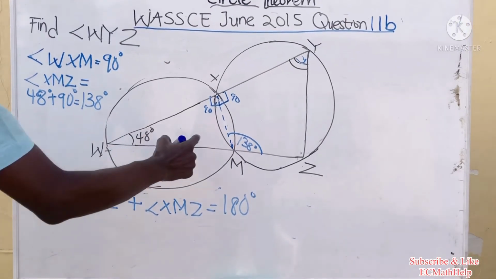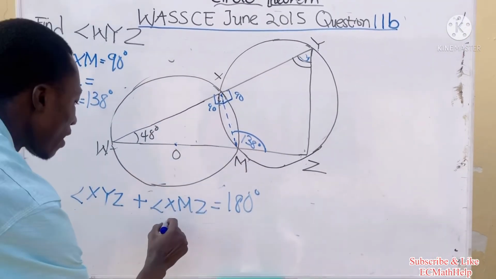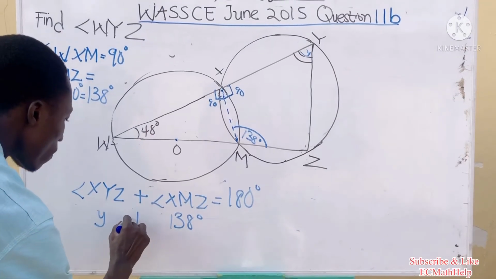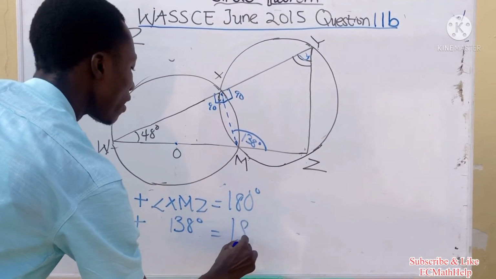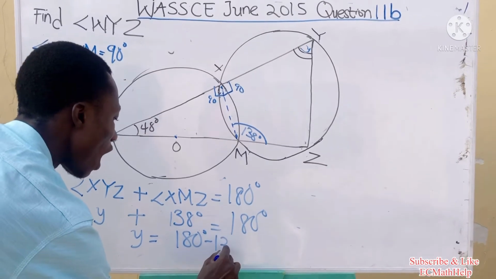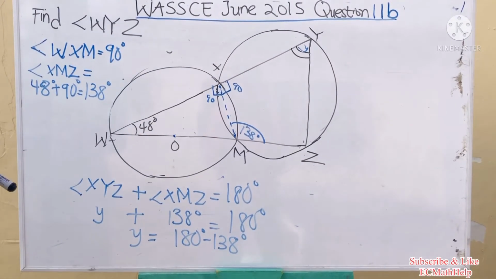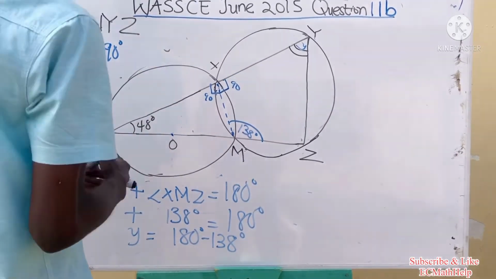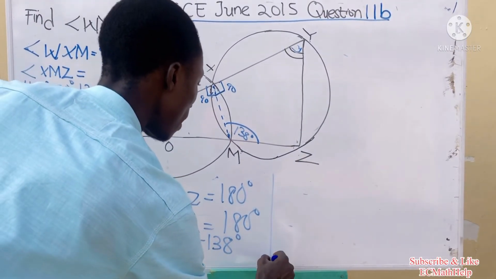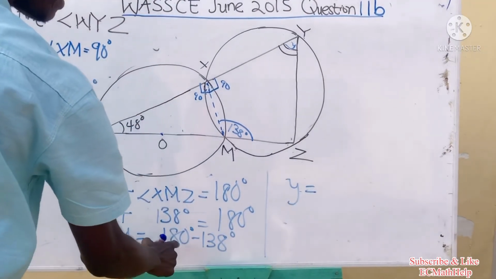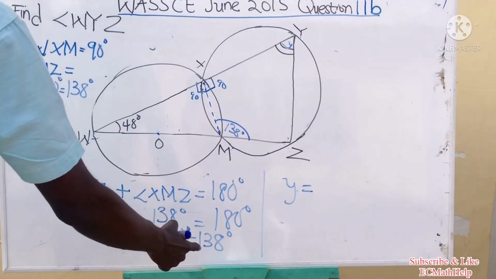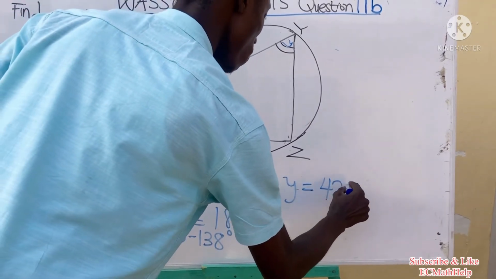We know that angle XMZ is 138 degrees, but we don't know angle XYZ, which is Y. So Y is therefore 180 degrees minus 138 degrees. 138 plus 2 is 140, plus 40 is 42 degrees.